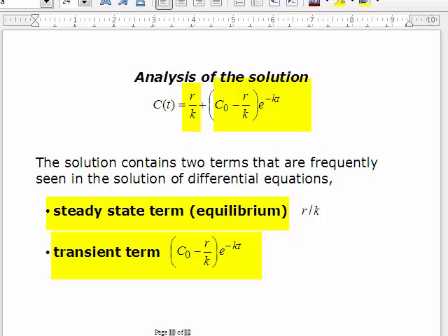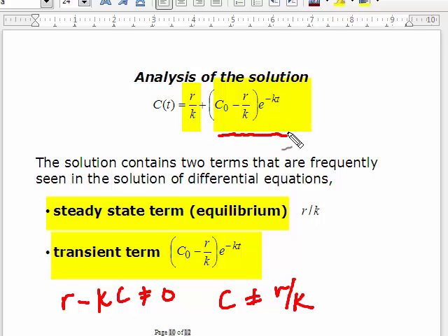Now recall from the step where we separated the variables that we said that R minus Kc could not be 0. That means C could not equal R over K. Well, here's an R over K in the solution, but you always have this transient term because the transient term never goes away. E to the minus t never goes to 0.